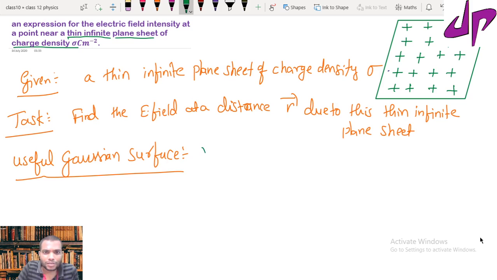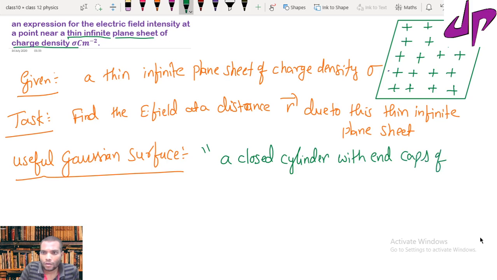So here my Gaussian surface in this case is also a closed cylinder with end caps of area A, just like a cylinder having two ends of area A.